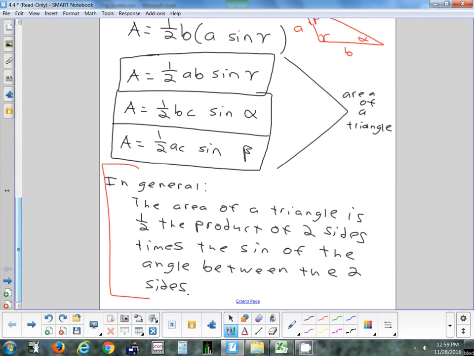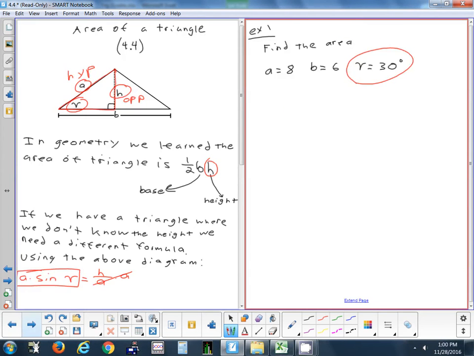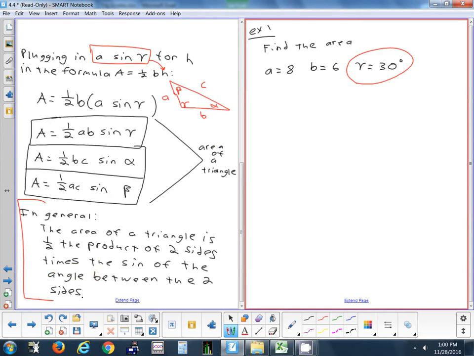Any questions on the general idea? All right, so let's try this one. They're telling me A is 8, B is 6, gamma is 30.